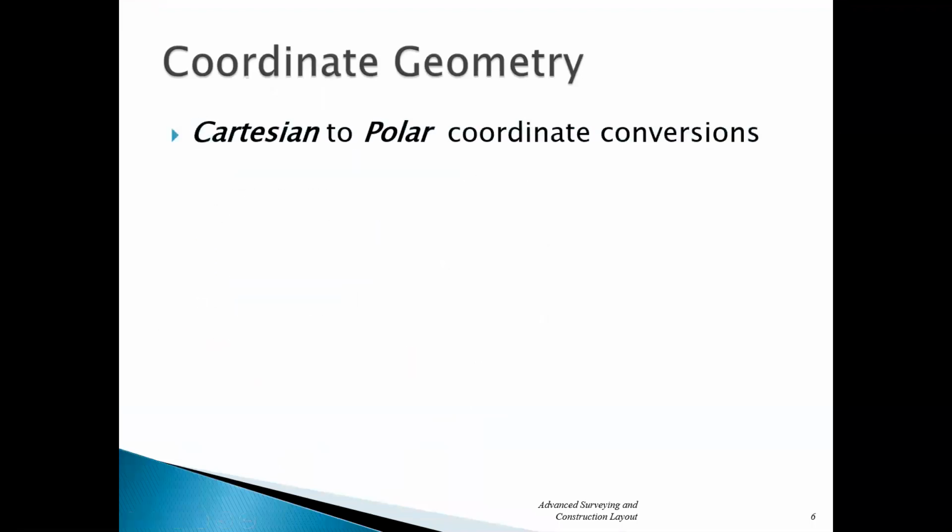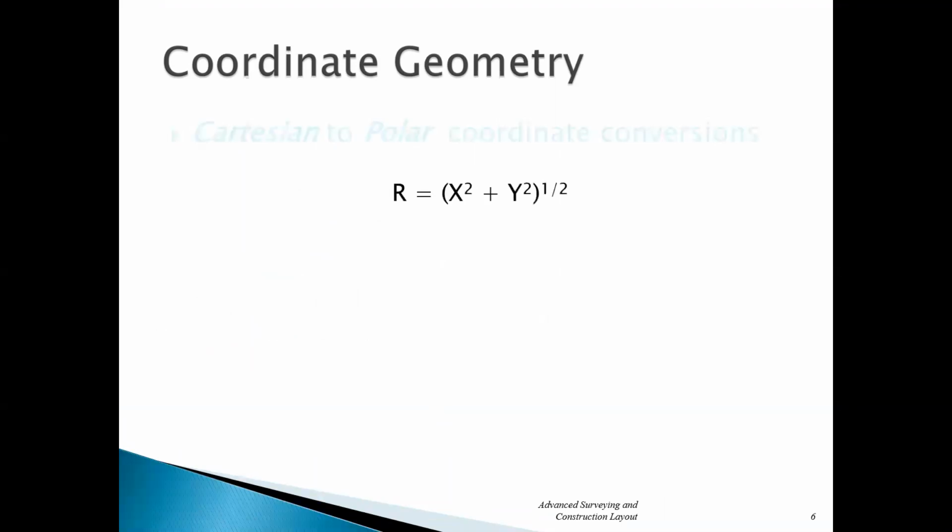If we want to convert Cartesian to polar, there's basically two equations that you're going to use. If you have a Cartesian x value and a Cartesian y value, you can calculate the radius by taking the square root of the x value squared plus the y value squared. And then you can take an inverse tangent relationship of your y over your x.